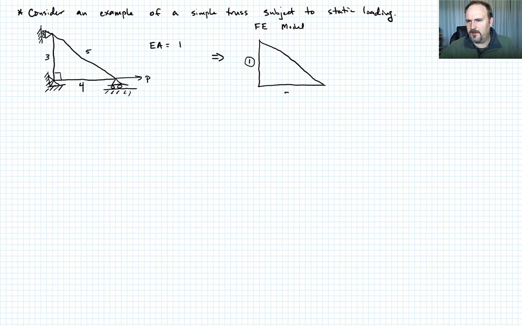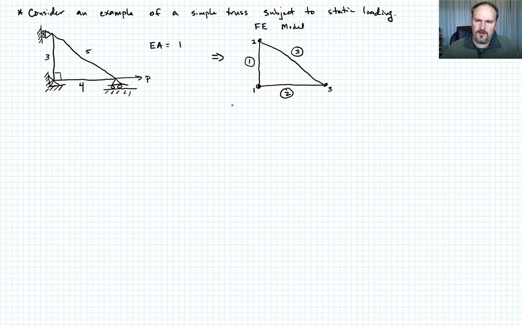We'll say this element is element 2, and this element is element 3. Okay, and then we'll also say that this node is node 1. This node is node 2, and this node is node 3. Right? So we have a 3-element, 3-node truss problem.